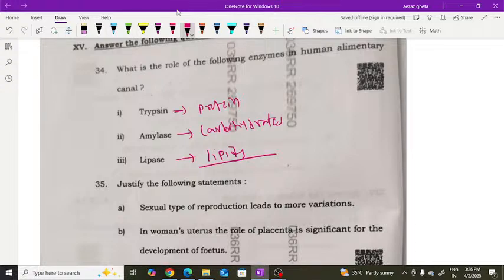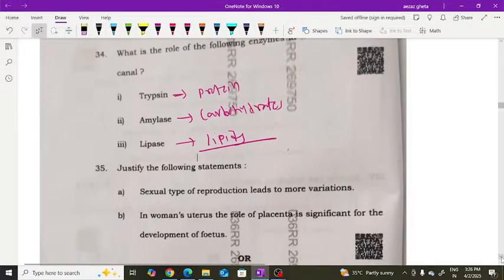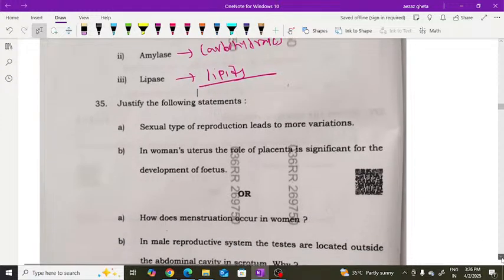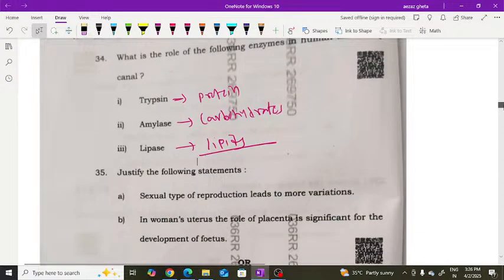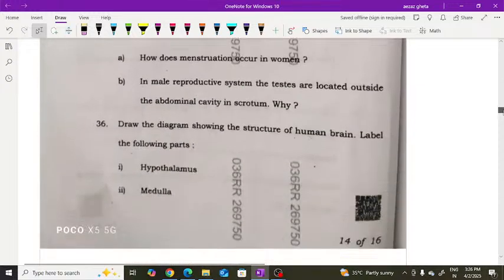Sexual reproduction leads to more variation because there is a fusion of male and female gametes. How many marks is the 35th question? 4 threes are 12.